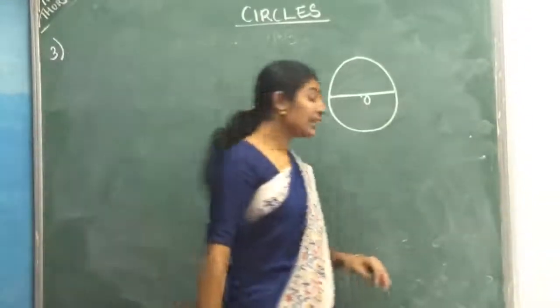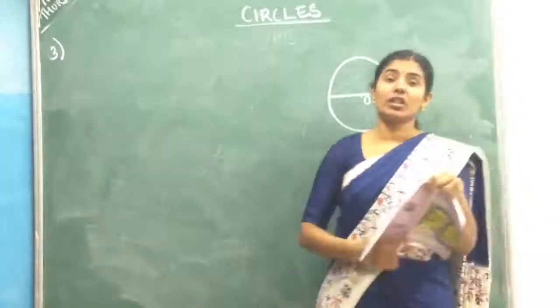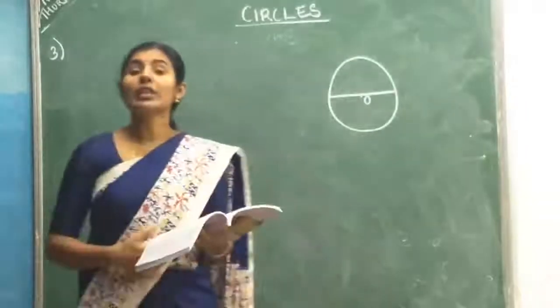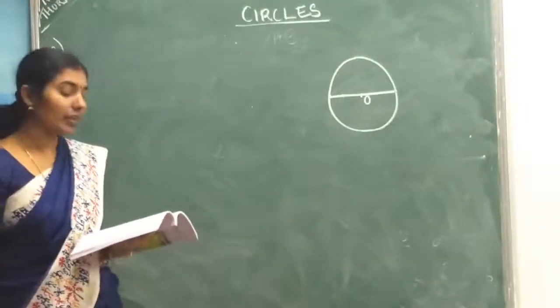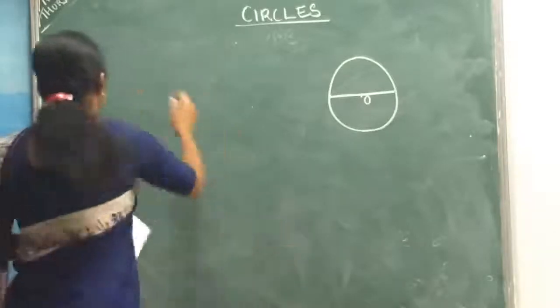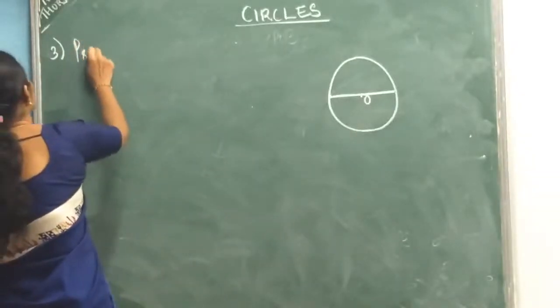Now I will read the next question. Question is, prove that the tangents drawn at the ends of a diameter of a circle are parallel.